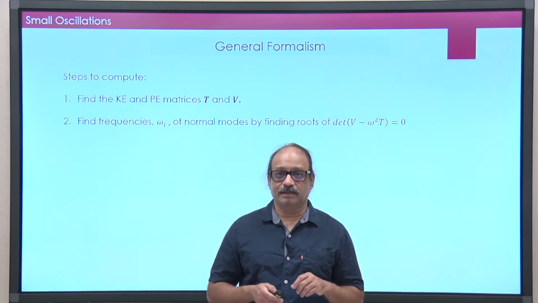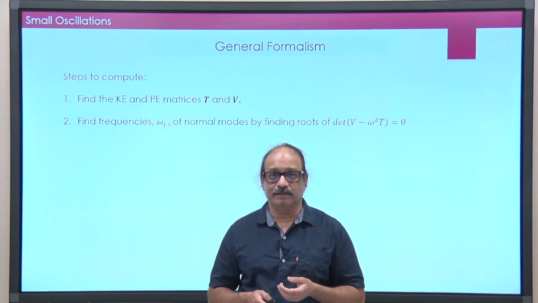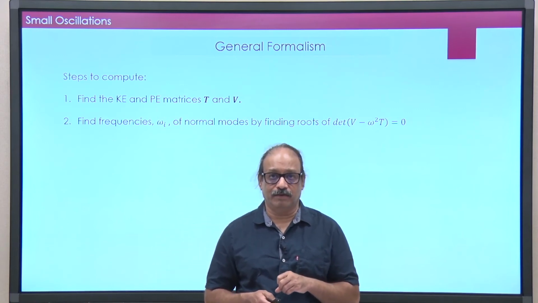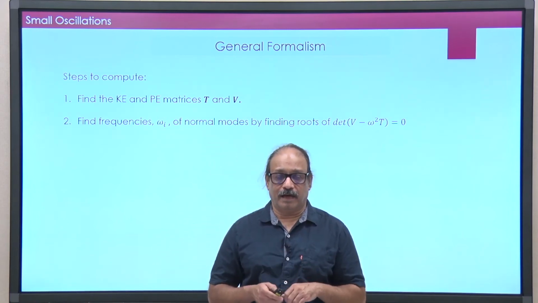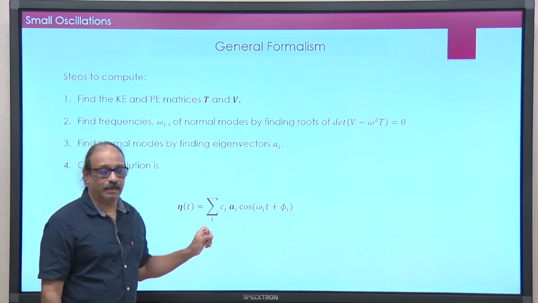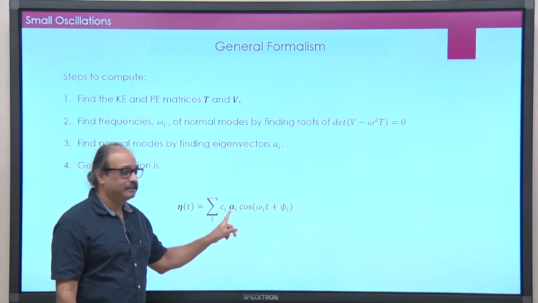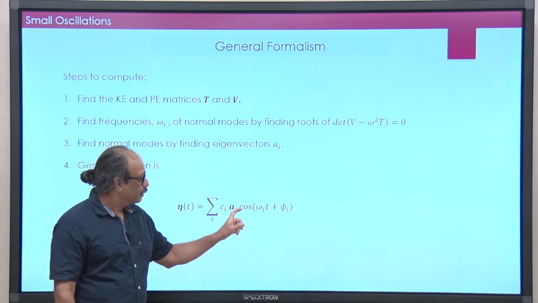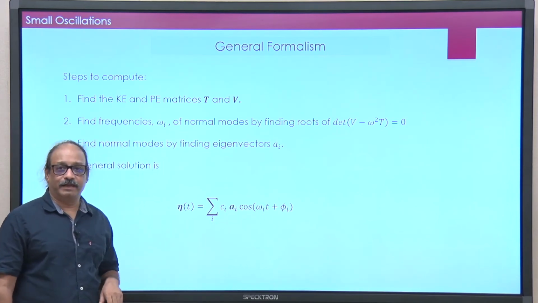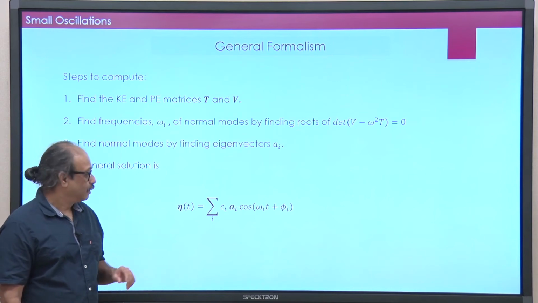So, solve this characteristic equation, which is determinant of V minus omega square T equal to 0, get your eigen frequencies, then get eigenvectors a i, and then you write the general solution. So eta as a function of t will be equal to C i, a i's are completely known, and then you have this time dependence which is harmonic, okay.